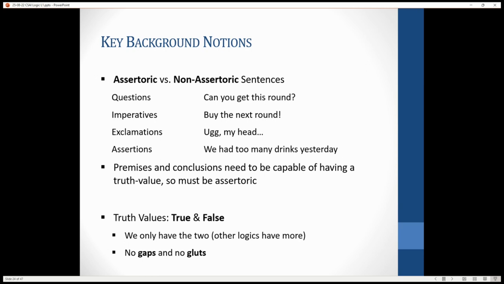Again, we're only thinking about assertoric ones. And here's the other one, no gluts. This is to say there's no truth value gluts. There's no sentence that's both true and false. Together, these two assumptions say everything falls on one side or the other and nothing falls in both.